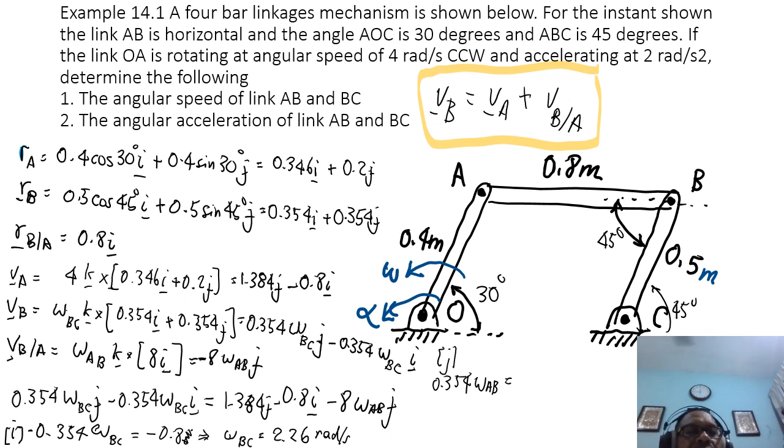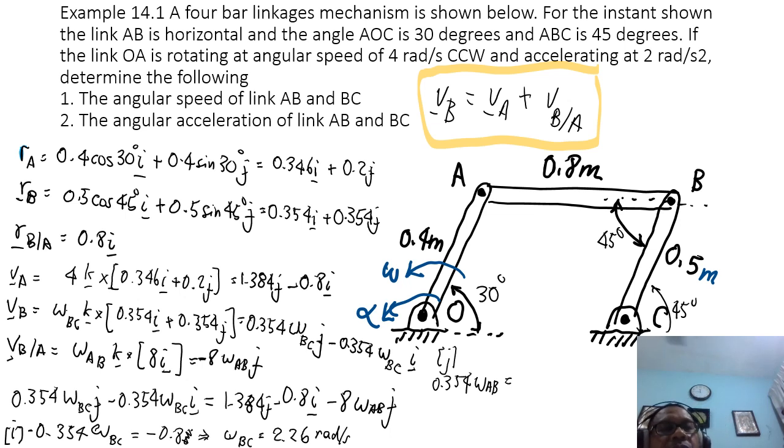So here when we put all those equations, this is the VB, equals VA plus VB relative to A. So here I take the I parts, and then I 0.354 minus 0.8, then omega BC is 0.8 divided by 0.354. I've got omega BC 2.26 K radian per second.